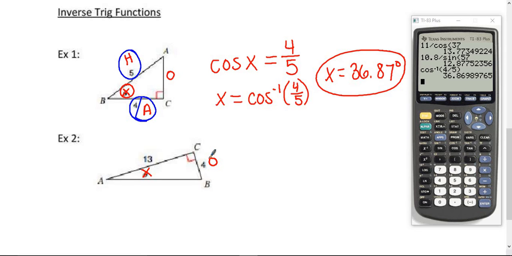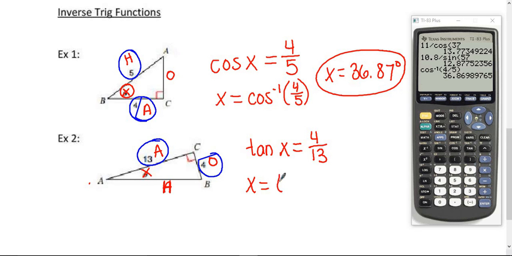All right, and the last example, we are finding x right here. So label opposite. Across from here is our hypotenuse, and over here is our adjacent. That's an H. All right, so I know I am using my opposite and my adjacent side. O and A means tangent, so tangent of my angle equals opposite over adjacent.